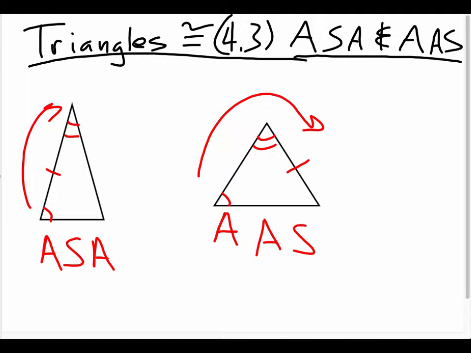But when the label of these congruence theorems, or postulates, you have to go in order of the way that they name them. Okay? And so, with that being said, are there any questions on that? And then we'll just jump right in to angle, side, angle. No? Okay. So let's focus on an angle, side, angle.